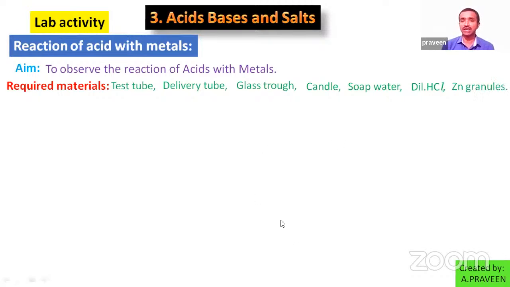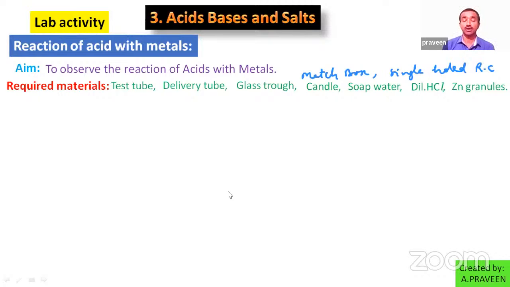So these are the required materials. You can also include a matchbox to light the candle, and a single-hole rubber cork to insert the delivery tube. These are the materials we are using to conduct this lab activity.